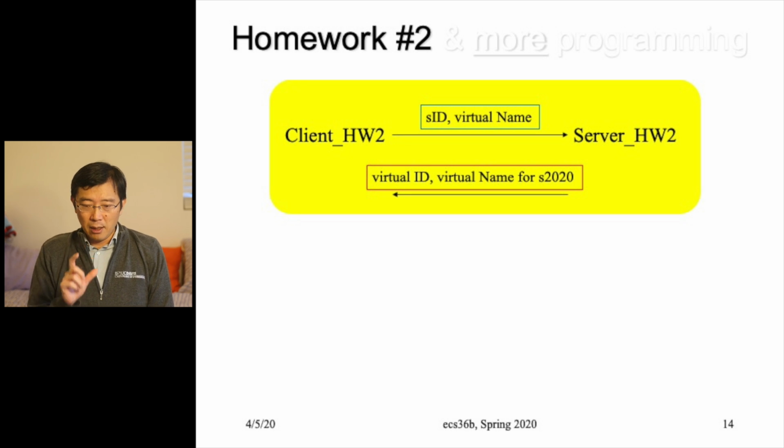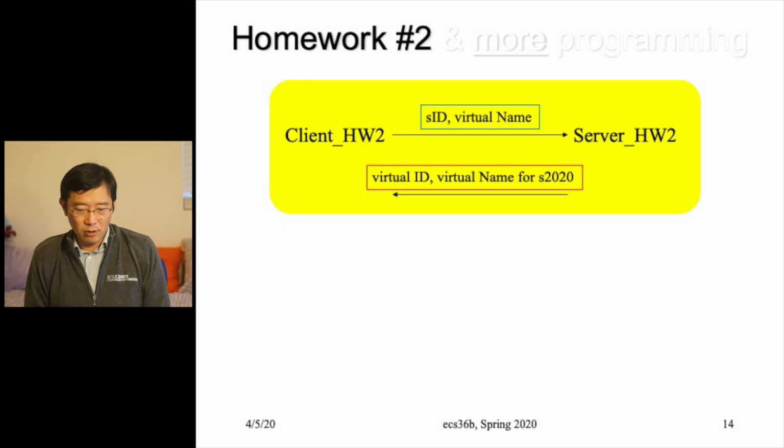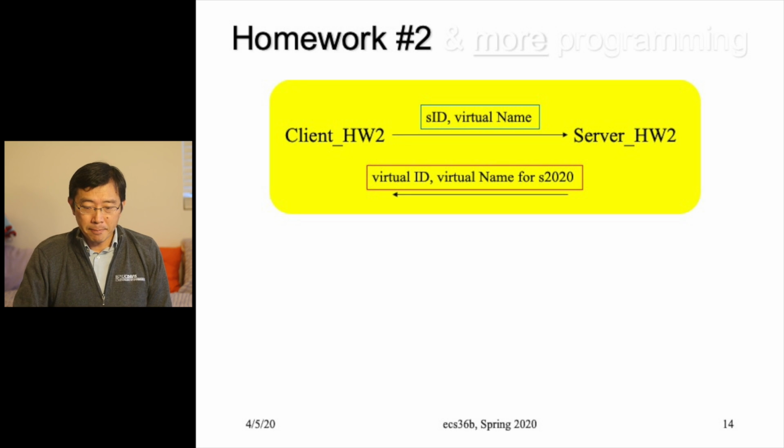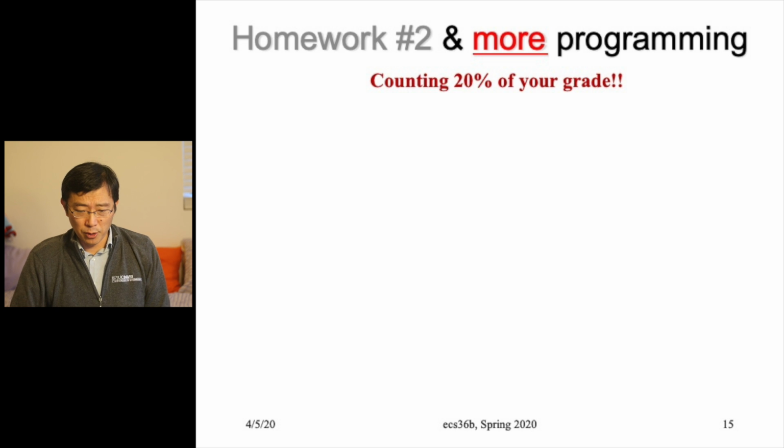Okay, so remember that. If you forget it, you have to contact me and I will pull it out for you. And then we will confirm the virtual name, basically what you have submitted. So that's essentially homework number 2. I will release the full details maybe in the next 2 days.